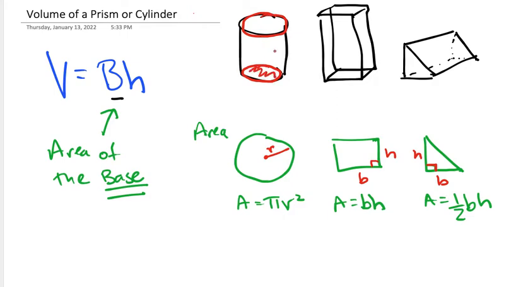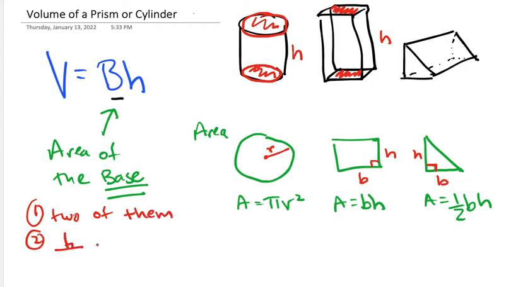They're the same shape, and they're perpendicular to the height. Here would be the height. So again, if this is the height, then I see a base up here and down here. There are two of them. That's the rule. There are two of them in prisms. We only are going to find the area of one, and they are perpendicular to the height.